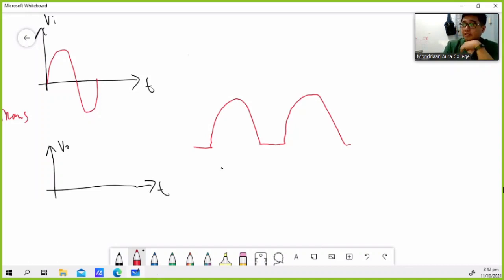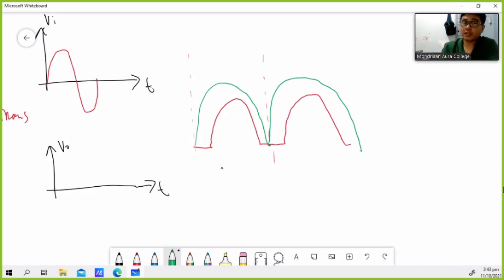Well, in fact, kung ideal diode siya, ganito dapat yung itsura. So mas mataas. Bakit? Kasi wala siyang 0.7 na ibinabawas, no? And magkadikit dahil hindi niya hinihintay yung 0.7 volts para siya mag-conduct. So this is the ideal waveform or the output waveform.